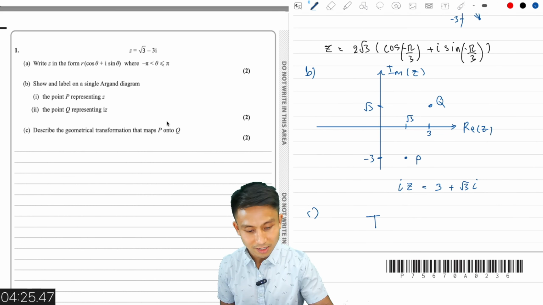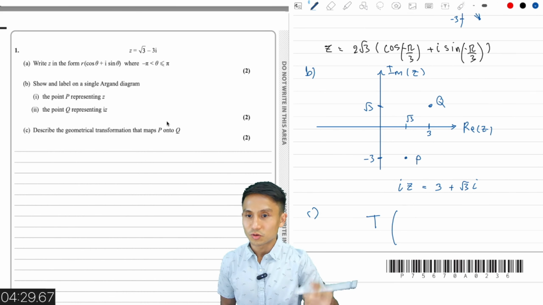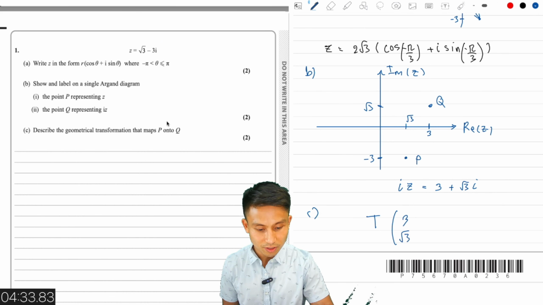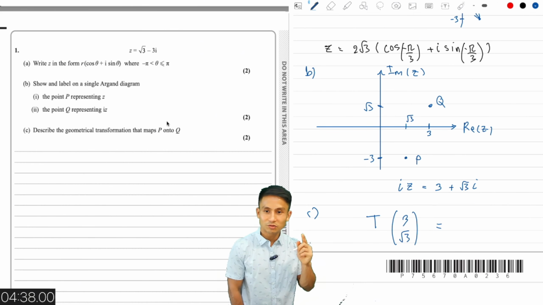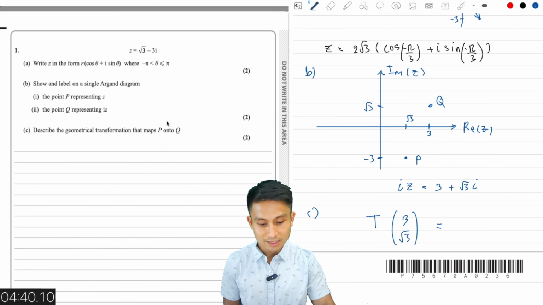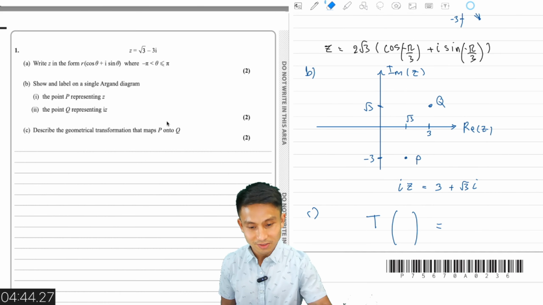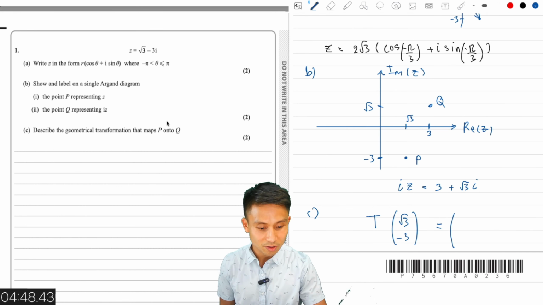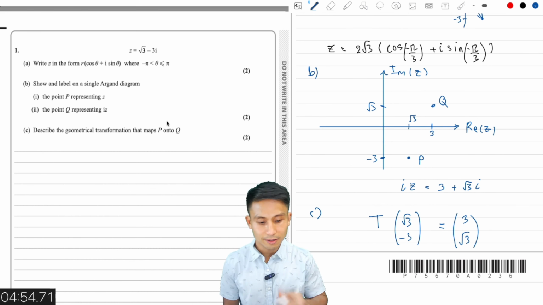I'm going to make it T times the original point P. This is the original, so it is root 3 minus 3, and the final one we got is 3 root 3, right?